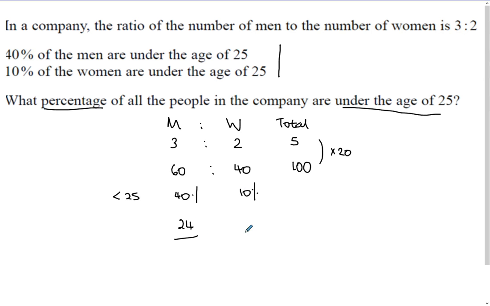And 10% of 40 is 4. And if we add the 24 plus 4, we get 28. Yeah, and that comes out as the percentage. Isn't that easy? Nice friendly number, and even more friendly because it relates to percentage.